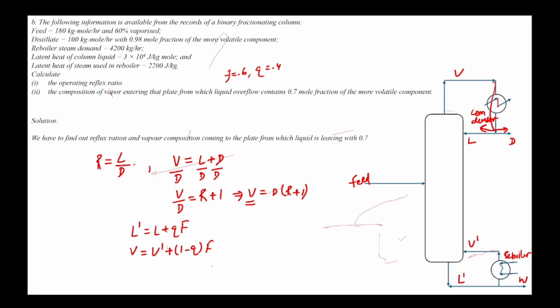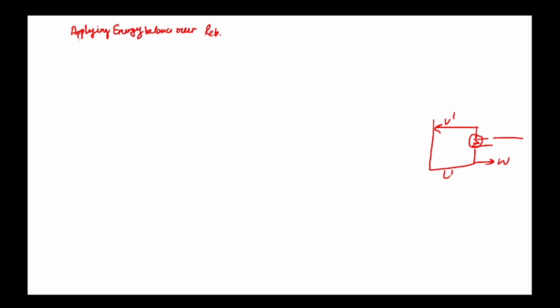So if I apply an energy balance over the reboiler, this is V dash, L dash, W. If I am putting steam at the flow rate of ms with a latent heat of lambda s, then the liquid will vaporize and it will become equal to V dash into latent heat of the liquid.